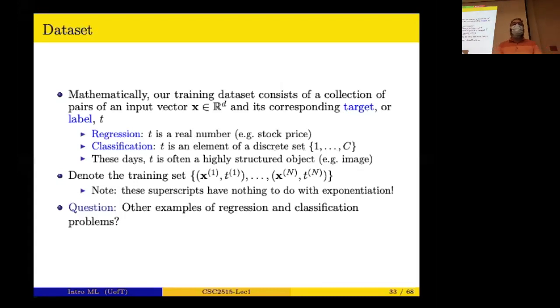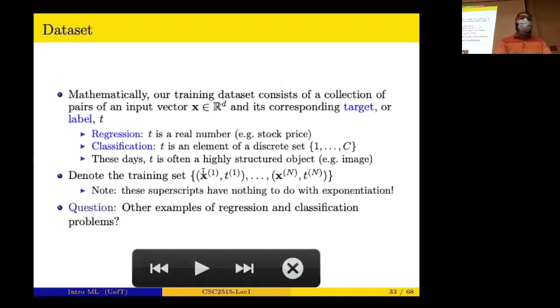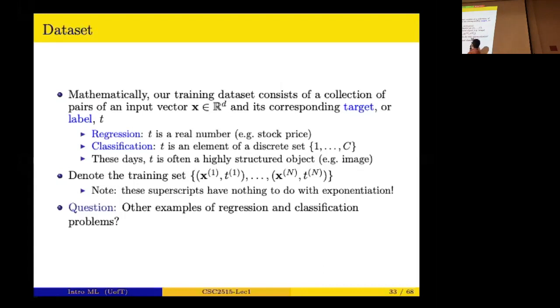For example, it can be an image itself, but we don't talk about them in this course. So given these input vectors and corresponding t, we would have a training set, which is this set of tuples x1, t1, x2, t2, to xn, tn. So we have n different data points here, each in the form of an input and an output.